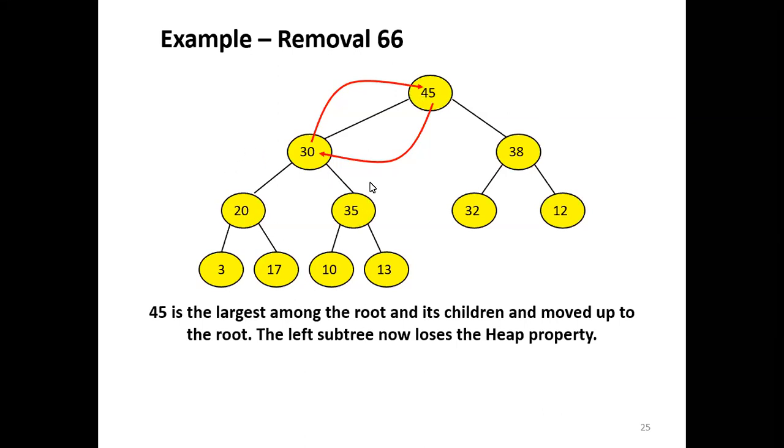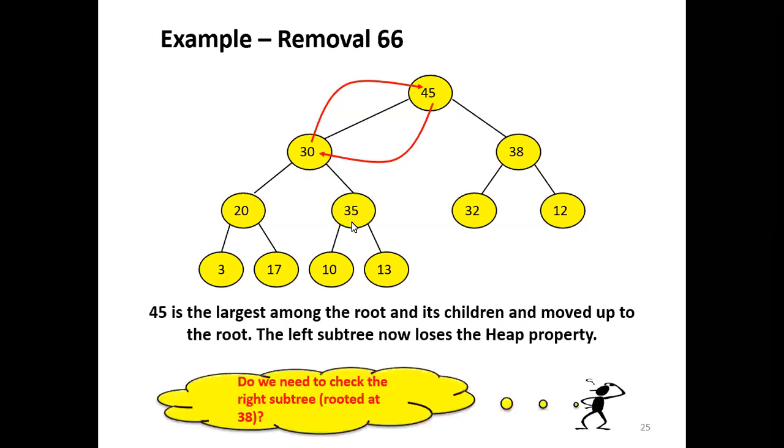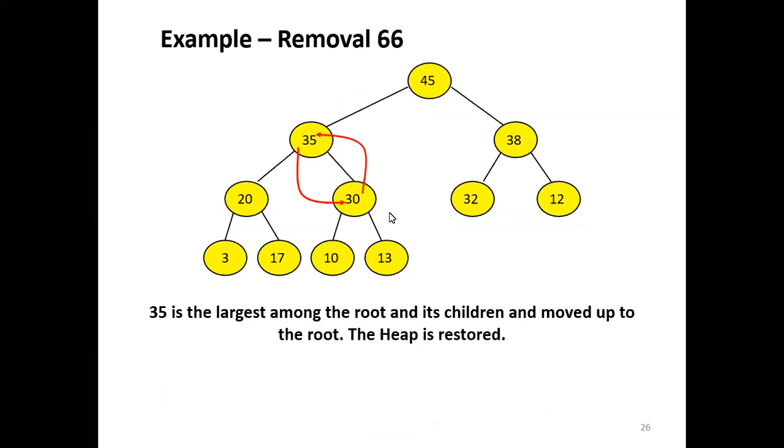But at this point, this 30 is larger than 20, but it is smaller than 35. So we still need to perform an operation in order to make the tree a max heap. So we're going to swap 30 with 35. So this is what we're going to have. And at this point, we have restored the heap property of the tree after removing an element from that tree.